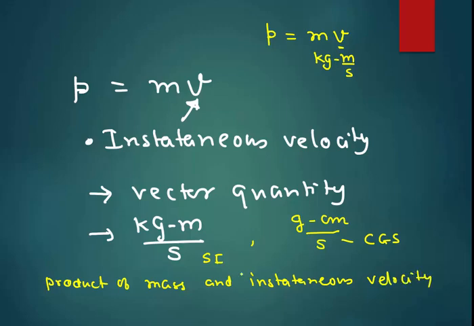So this is the definition of momentum. Some books define momentum also as amount of motion of an object, and by the word amount they mean the mass, and by motion they mean the velocity. So some books use this definition of momentum. You could use either of them.